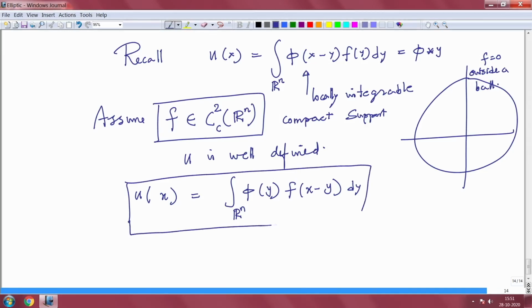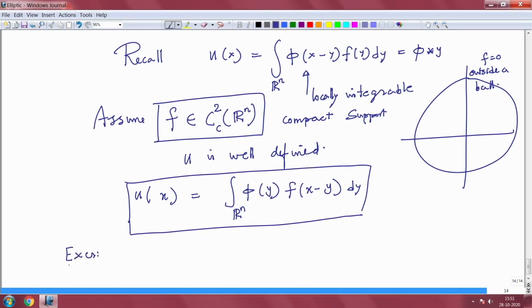Now you see why I used this expression. Look at what happens if I take a derivative of u: the derivative goes on f, not on phi. I can immediately do something, and these small exercises you can do.